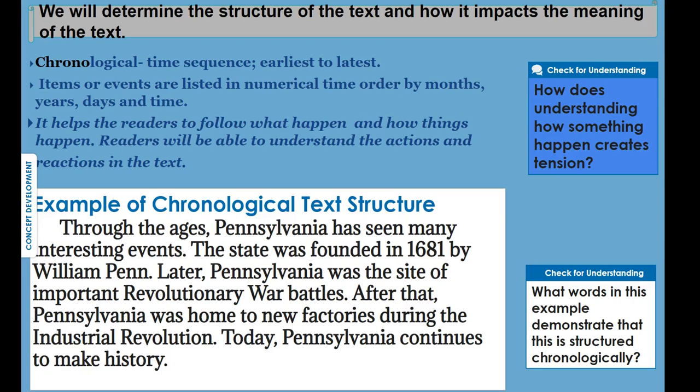You know, it could be arranged by month, years, days, and actual time, like 12 o'clock, 1 o'clock, 2 o'clock, and so forth. What this does is helps you to understand what happens and what happens next, okay? And how these things relate and how each event affects another event. So go ahead and pause, and I gave you an example of chronological order.